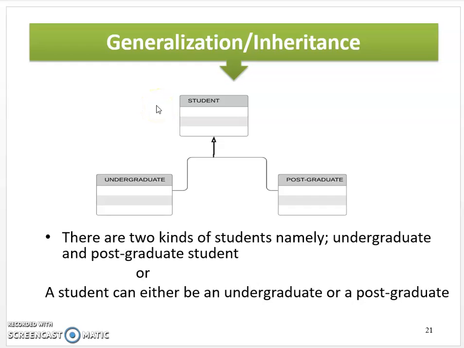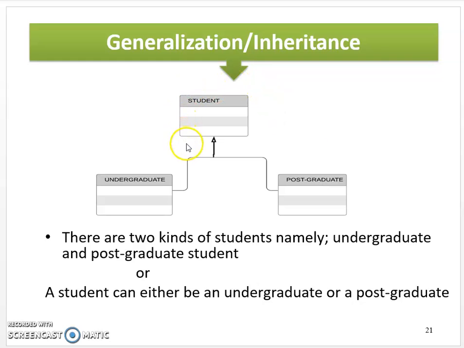Let's look at the following example. The business rules state there are two kinds of students, namely undergraduate and postgraduate student, or it could be a student can either be an undergraduate or a postgraduate. The class student becomes our superclass or our parent or the base class, in which we have two kinds of students, either undergraduate or postgraduate.